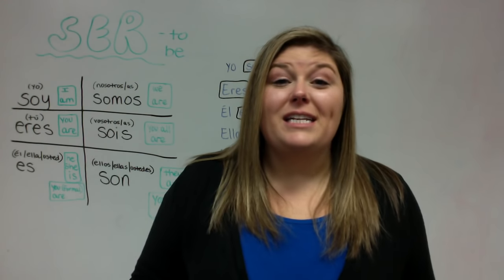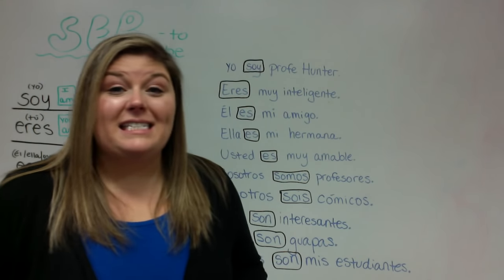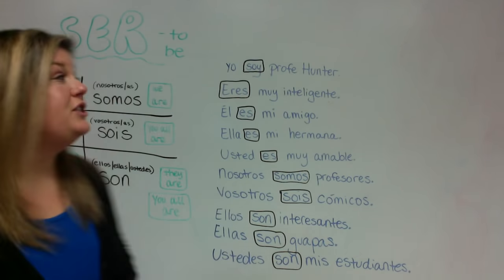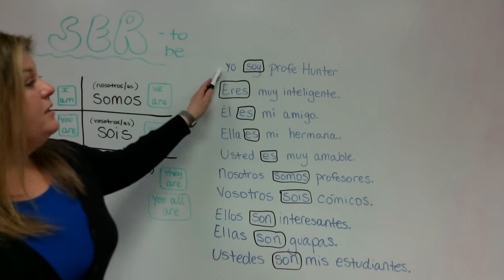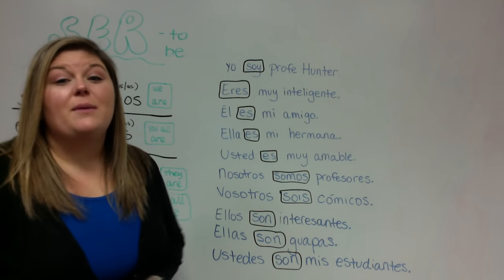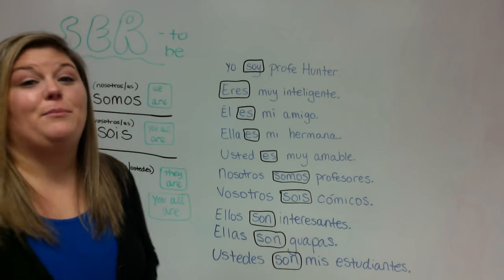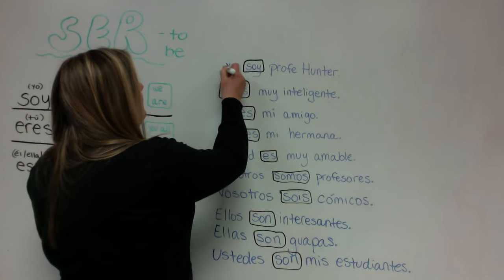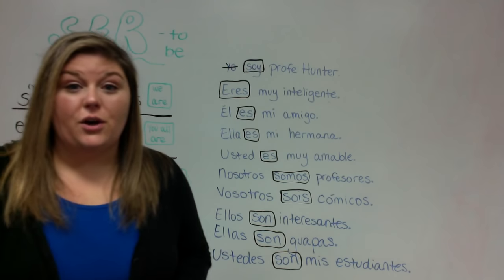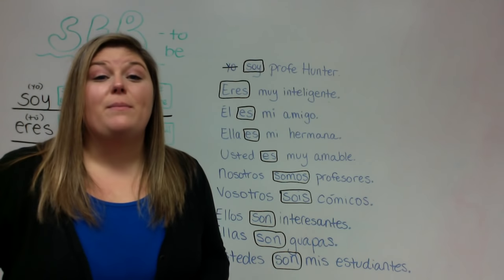So let's take a look at some examples of sentences in Spanish using these conjugations. Yo soy profe Hunter. So I am profe Hunter. And again, I don't have to put the yo. I can just say soy profe Hunter.